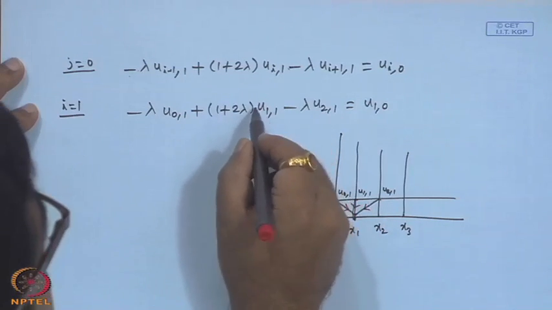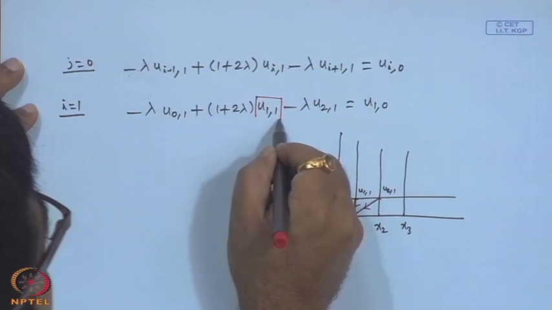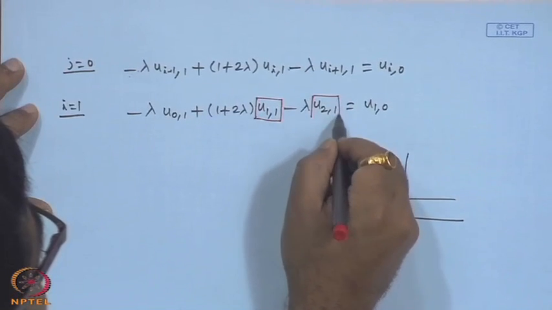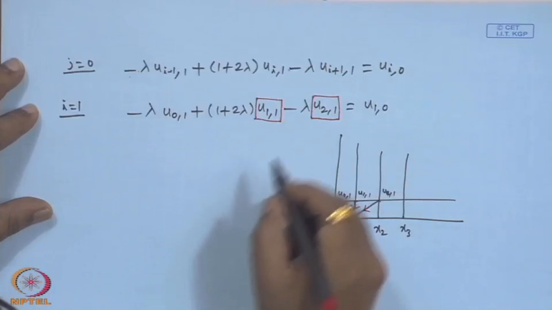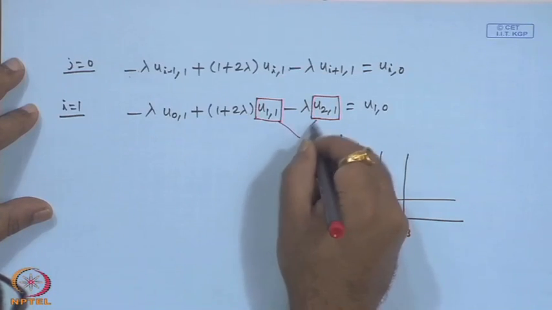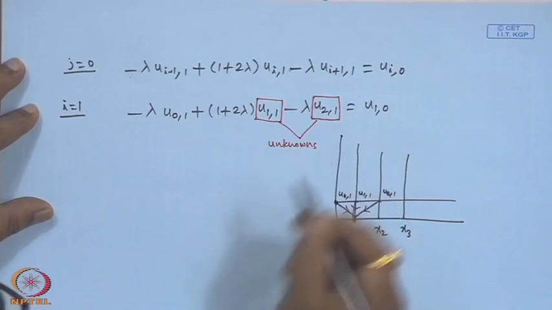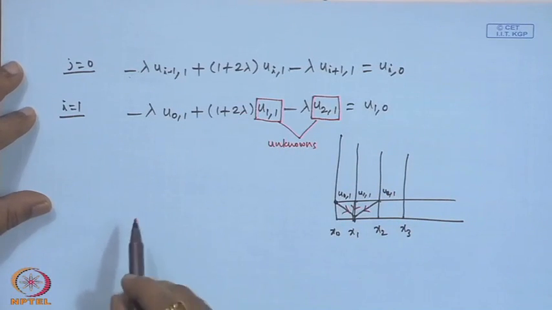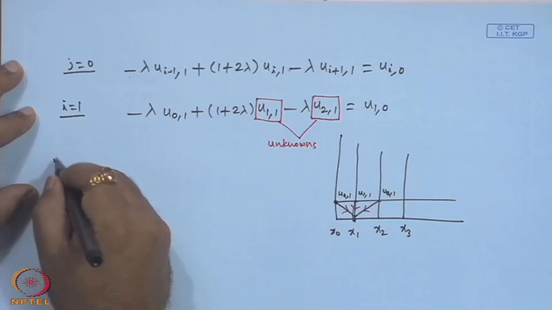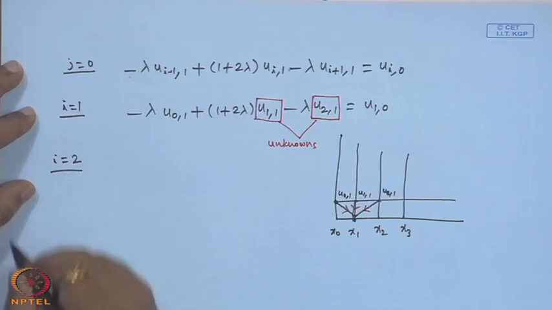So, what are the unknowns? So, these are the unknowns. Okay. So, now let us run the equation at I equals to 2.